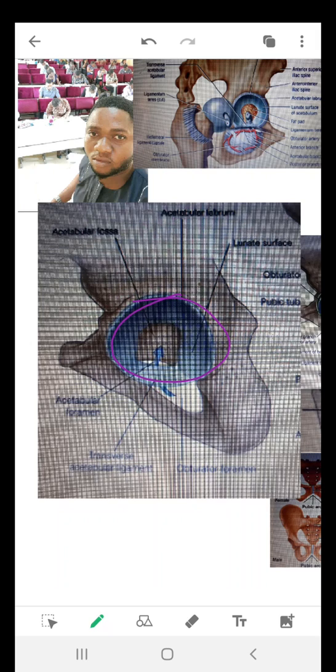But the ischium and the pubis still hate the ilium. Somebody will ask me, what do you think could have caused this hatred between these sisters?